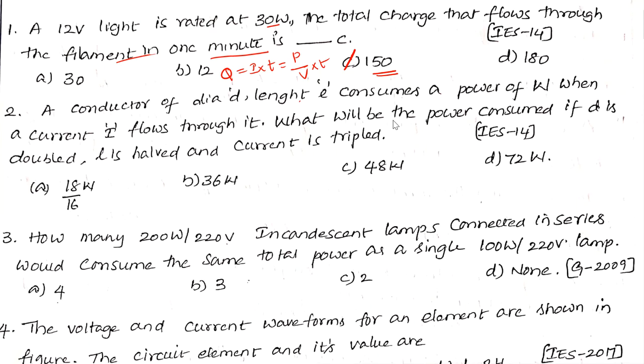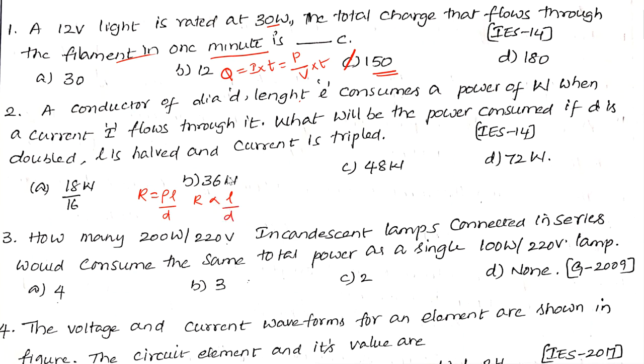Similarly, there is one more question. A conductor of diameter D, length L, consumes a power of W when current I flows through it. What will be the power consumed if D is doubled, L is halved and the current is tripled? First of all, the simple concept: resistance is rho L by D, so resistance is proportional to length by diameter.